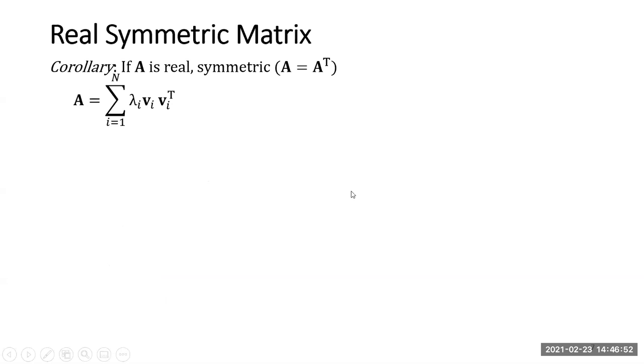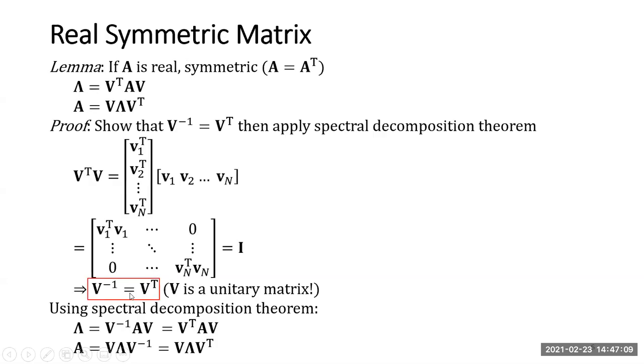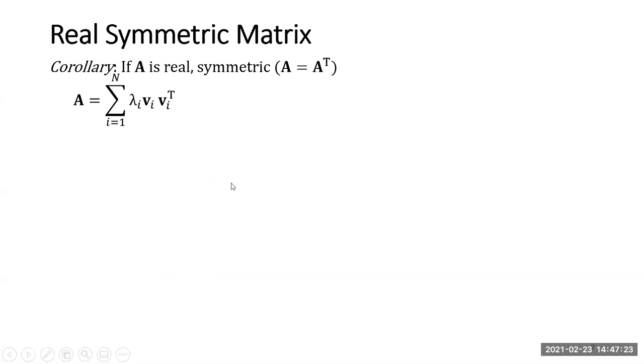Now, let's look at real symmetric matrices a little more. For any real symmetric matrix A, if we define the matrix V = [V1, V2, ..., Vn] as the eigenvectors of A, then V would be a unitary matrix.